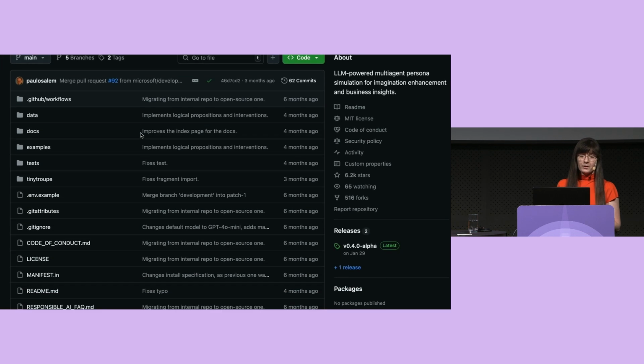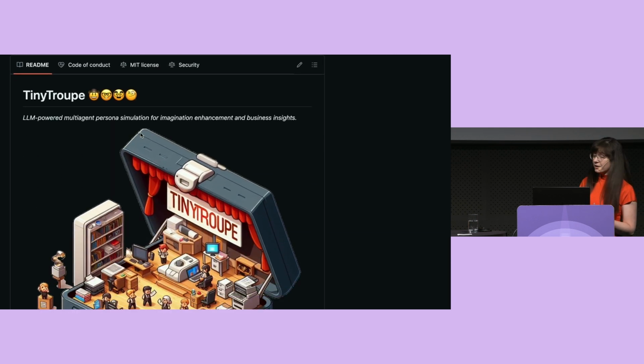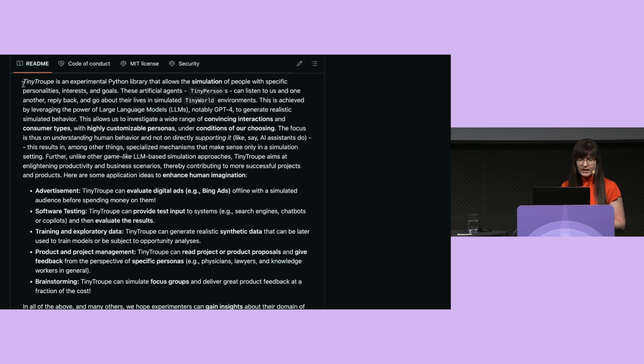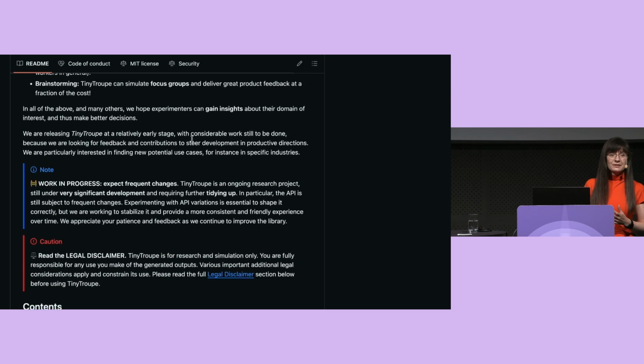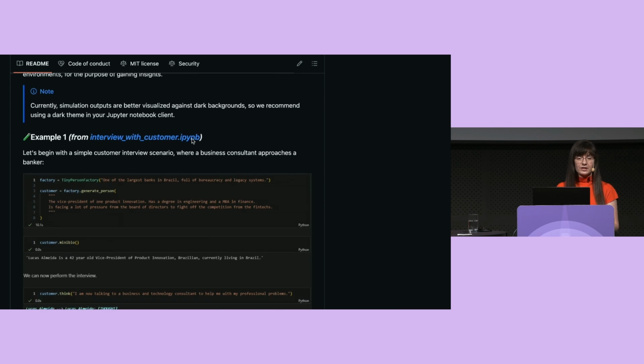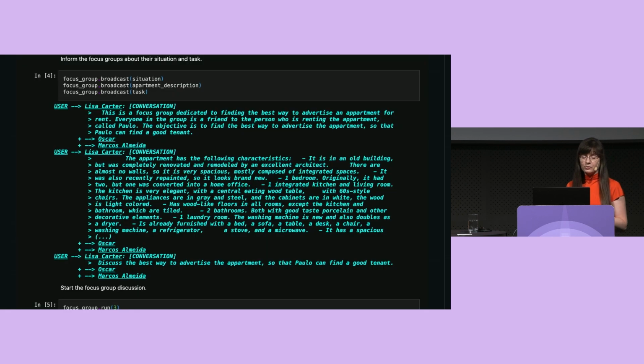Then there was also a library from Microsoft, Tiny Troops. They created some tiny world with tiny persons, and that was for productivity and business scenarios. So for example, for advertisement or software testing or something else. The whole idea was that we could bring some agents, give some descriptions to those agents, and then those agents can brainstorm some ideas and implement or do something together.